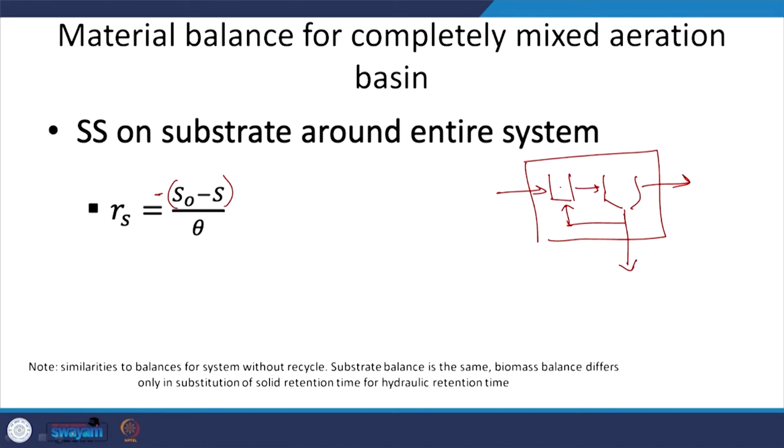So, RS is more or less the same as the one for the system without recycle. The substrate balance is the same, and the biomass balance differs only in substitution. Keep in mind RS will be the same, but if I apply it on X, that will be affected, because there we have theta C. That is one aspect to keep in mind.